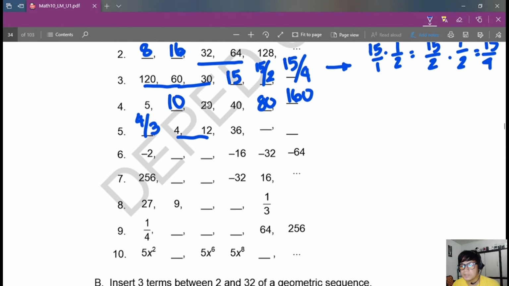Okay, tapos dito times 3, diba? So 36 times 3, 108. So 108 times 3, 324.